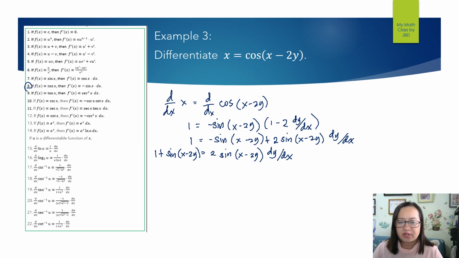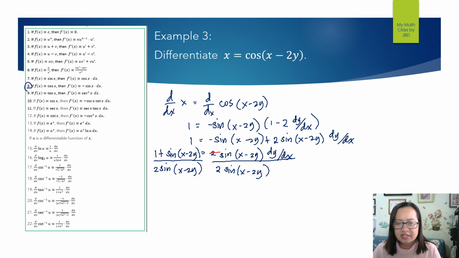And then we solve for dy dx by dividing both sides by 2 sine of x minus 2y. On the right side, we can cancel this.